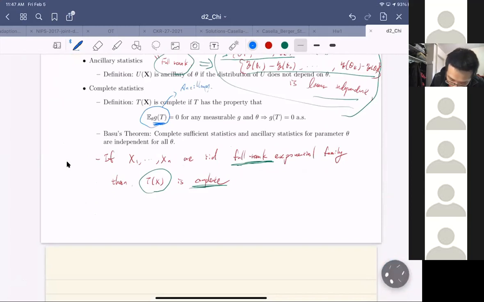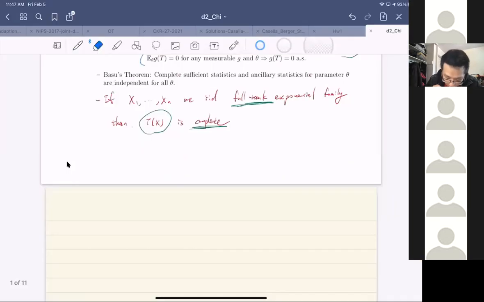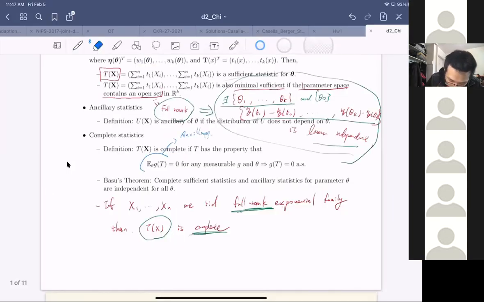Isn't that first order ancillary? Yes, first order, sorry. Because we only find the first moment, so it's first order. Yeah, you're right.